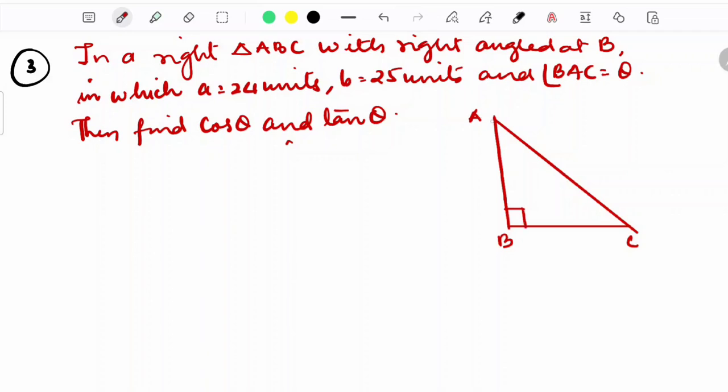Now the side opposite to vertex A is called small a and it is given as 24 units, and the side opposite to vertex B is small b and it is given as 25 units. Now we need to find out this AB. For this we have to use Pythagoras theorem.